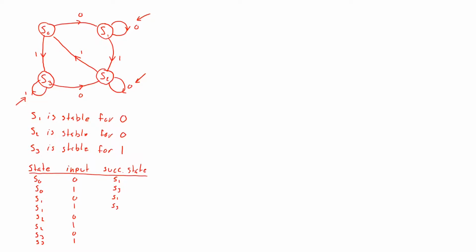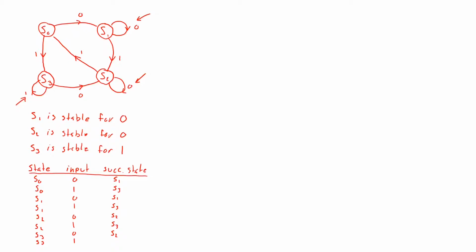For S2 with the input 0, we stay in S2, so this will be our successor state. With the input 1, we will first go to S0, then to S3, and then we stay in the stable state S3. So this will be our successor state for S2 with input 1. For S3 with input 0, we first go to S2 and then we stay in S2. So S2 here is our successor state.